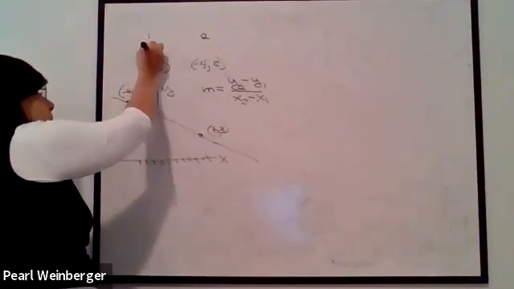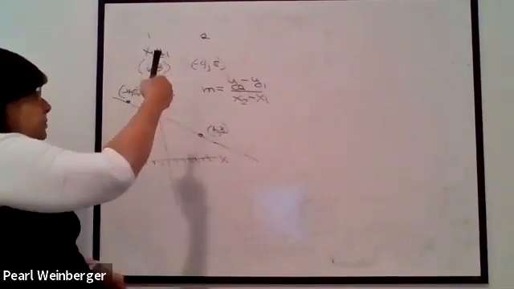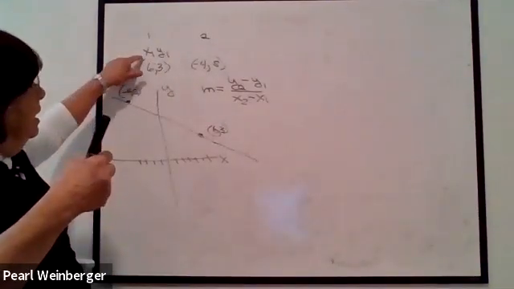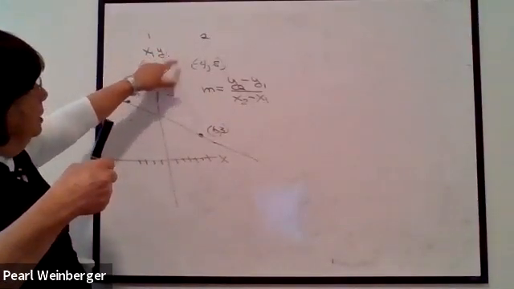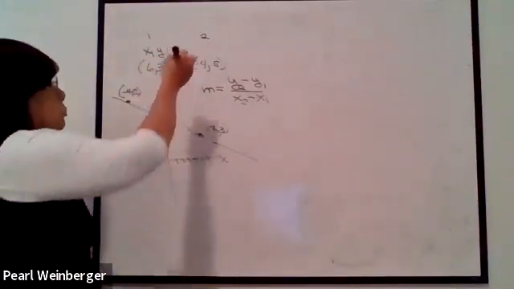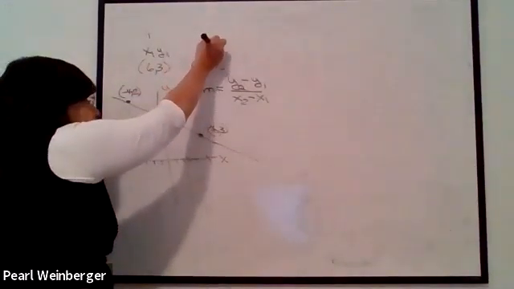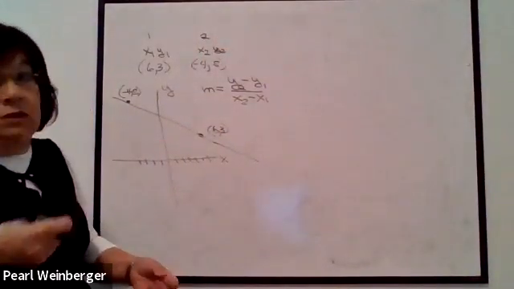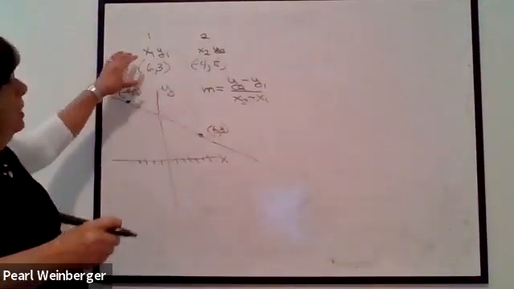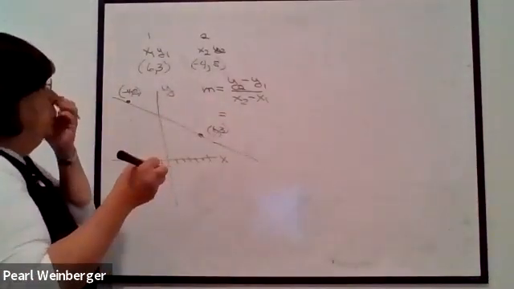Then the first point has an x1 and a y1. Those subscripts are just saying the x of point 1, the y of point 1. The y2 and the x2 are from the second point. This is going to be my x2. This is going to be my y2. I usually like, when I'm doing this, to label them so that it's easy to substitute into this formula.